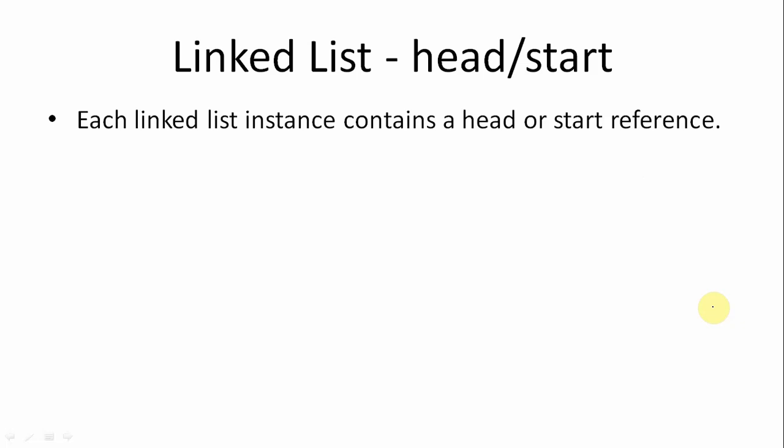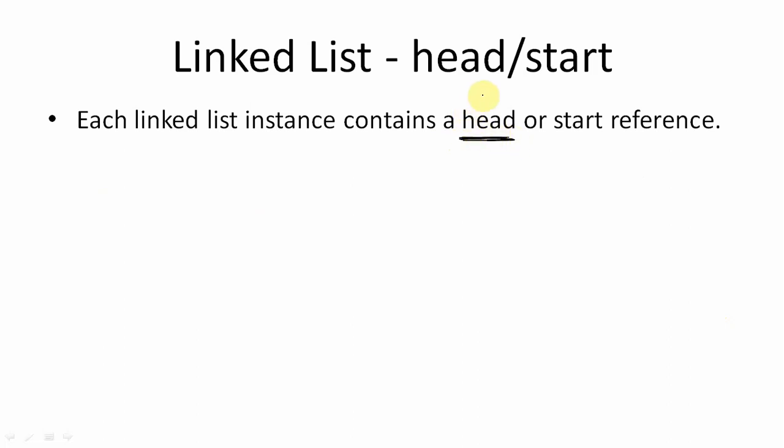Now the linked list head, or start. Each linked list instance contains a head or a start reference, because you need a reference to refer to the first node. That reference is known as head.